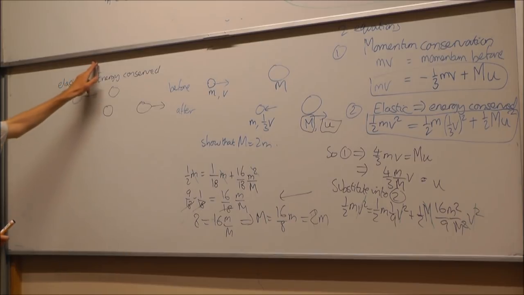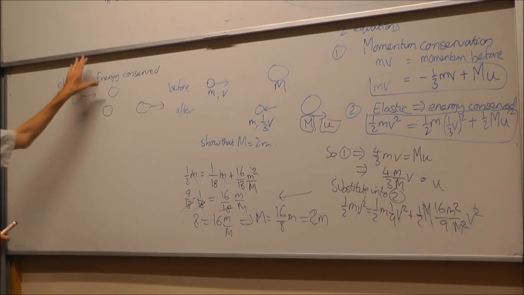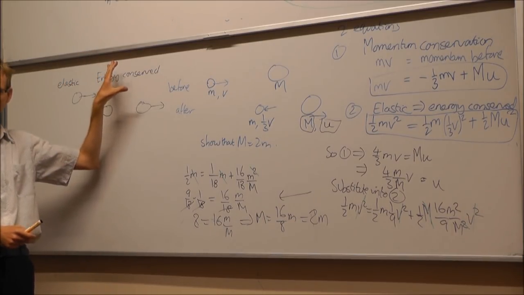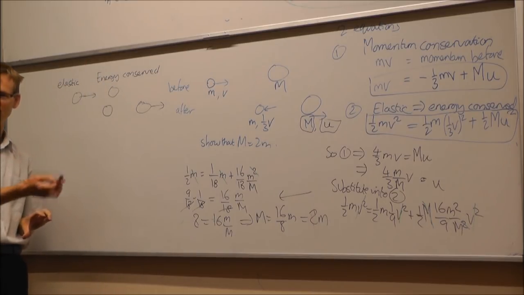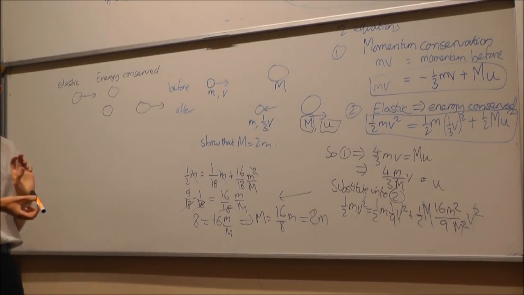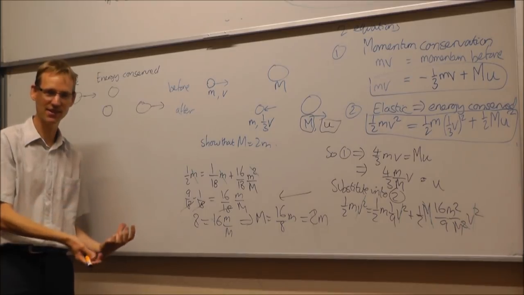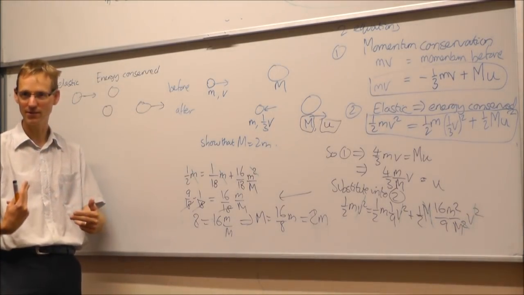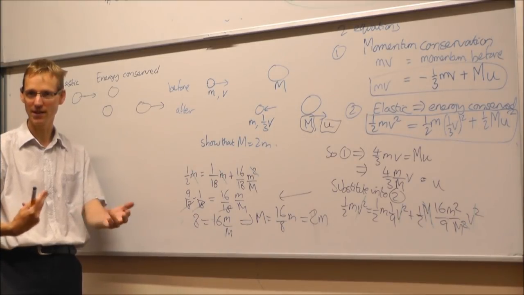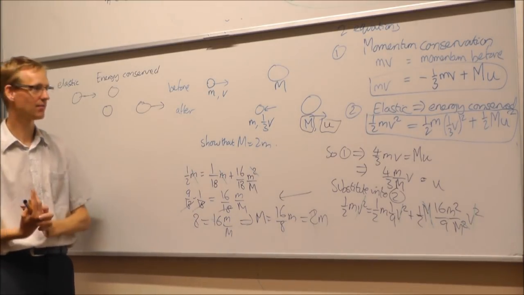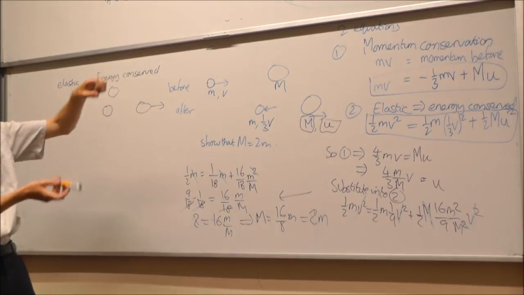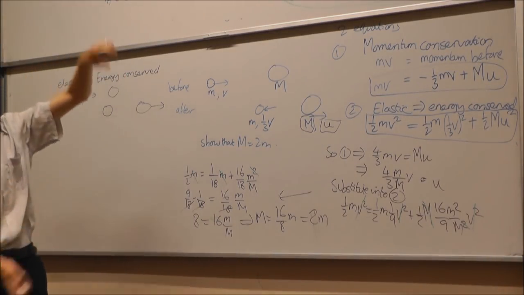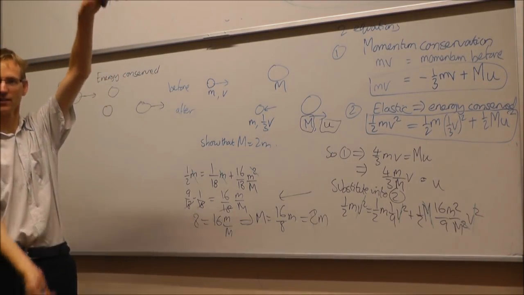A way of looking at that, which goes beyond what you do at school, is that when energy is conserved, you get time reversal symmetry. In a system that conserves energy, you can video record it, play the video backwards, and it will look the same. That's like objects being thrown up and dropping down.